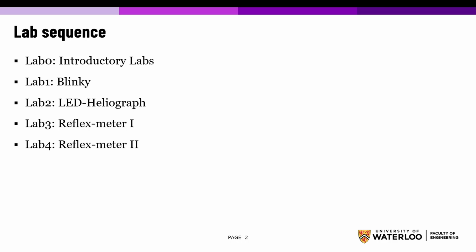Now for Lab 3, we're going to implement a different application, but nonetheless we're going to be reusing code from the previous 2 labs. So the reflex meter is just a program that has the LED. Again, in this case it's going to be an RGB LED. It will turn red at the beginning for a random amount of time, then it will turn green.